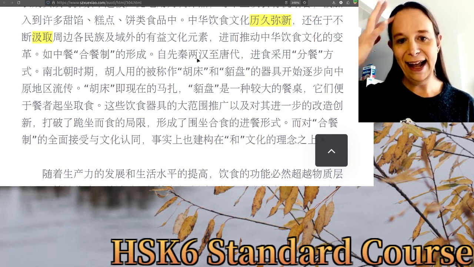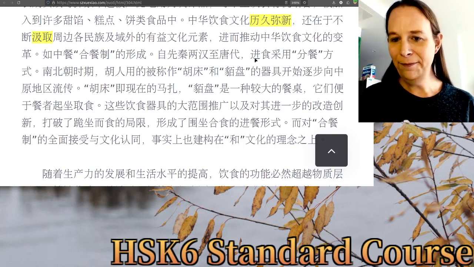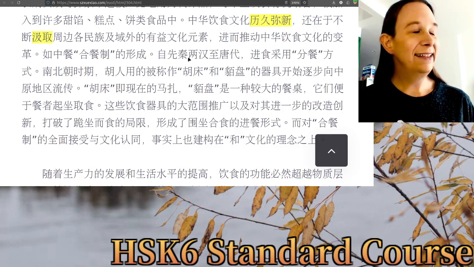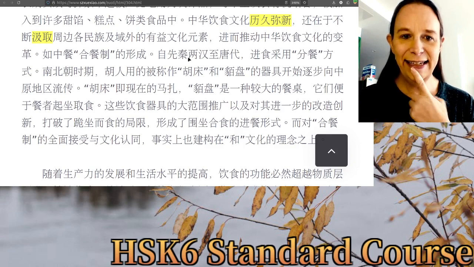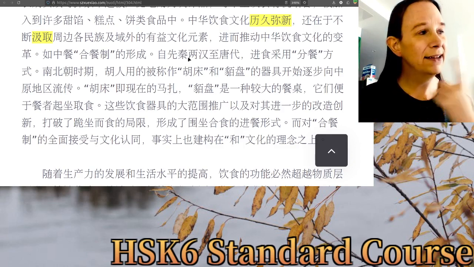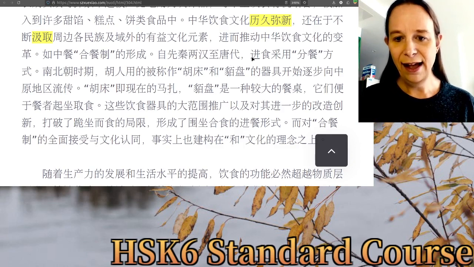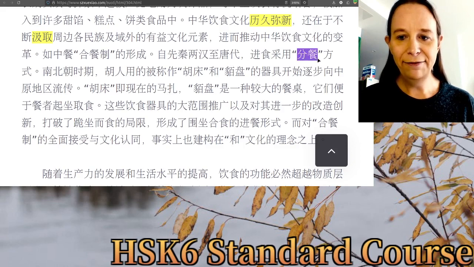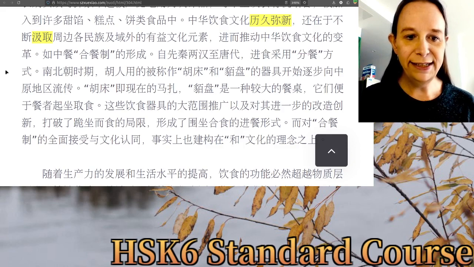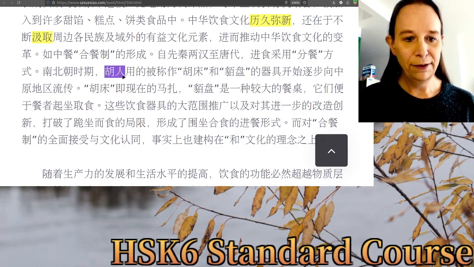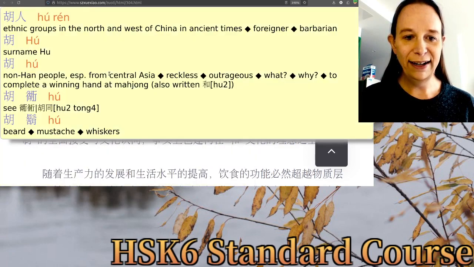One is East Han and one is West Han. Yeah, it varies depending on where the capital is. East Han was Xi'an and West Han was Luoyang, if I remember correctly. 晋时采用分餐方式。南北朝时期，胡人用 What is 胡人？胡人 ethnic groups in North and West China.